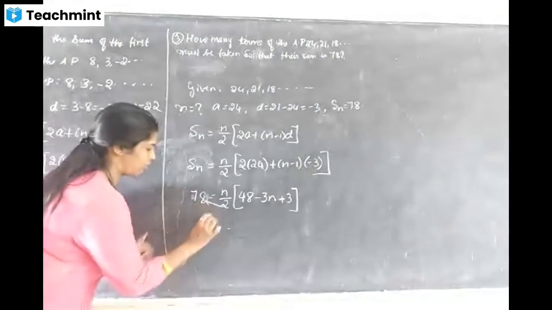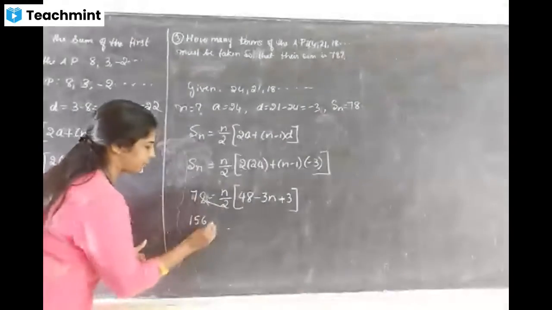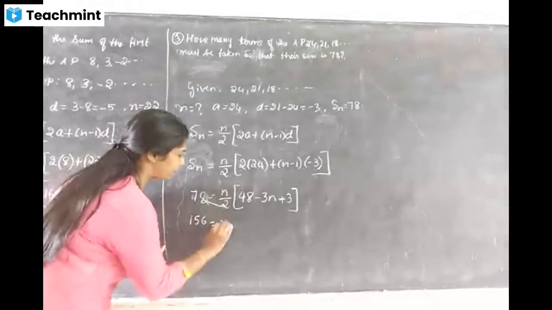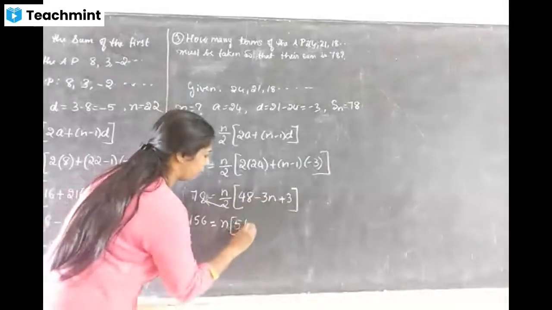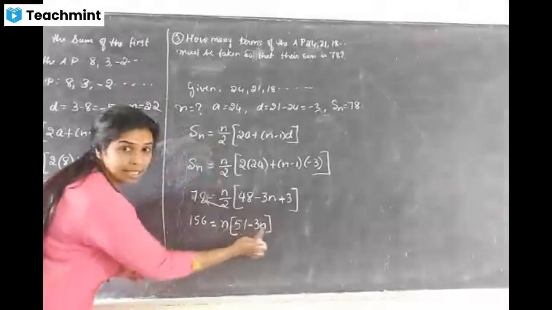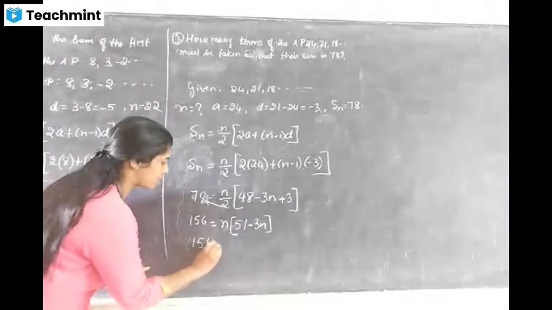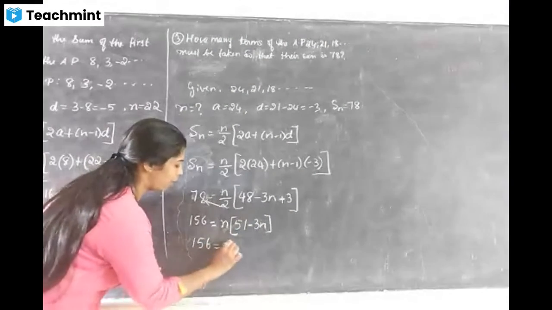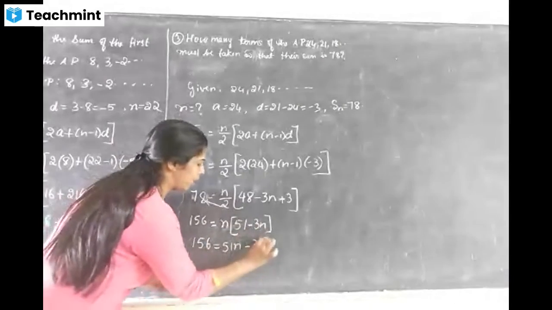2 8s are 16, 1 2 4s are 14, and 156 is equal to n into 48 plus 3, 51 minus 3n. Now this n we have to multiply, we will get a quadratic equation here: 156 equals 51n minus 3n square.